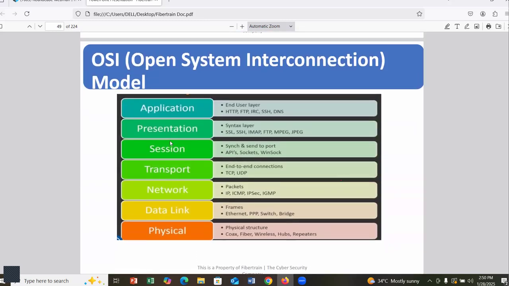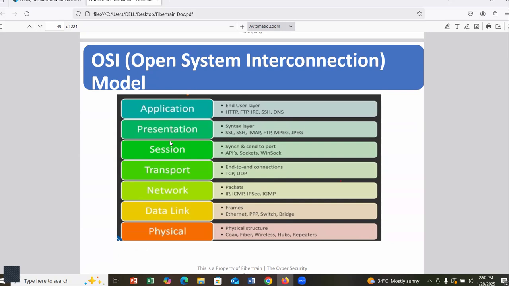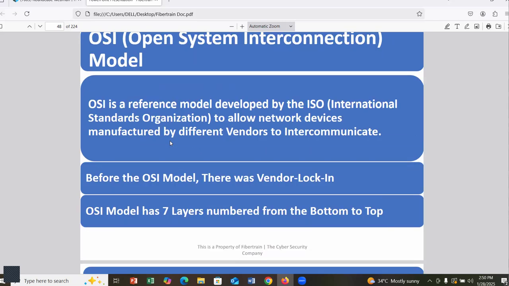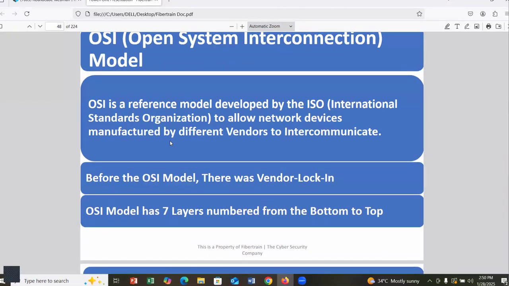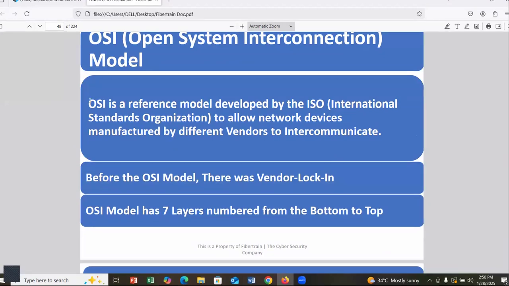When we talk about the OSI model, we talk about the function of the OSI model. OSI stands for Open Systems Interconnection. It is what allows different vendors to be able to communicate. I explained to you that when there is no OSI model, there is no way devices made by different vendors can communicate.